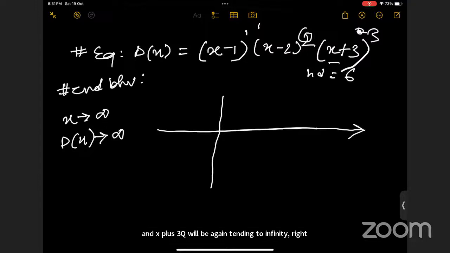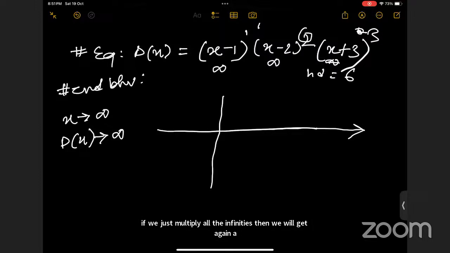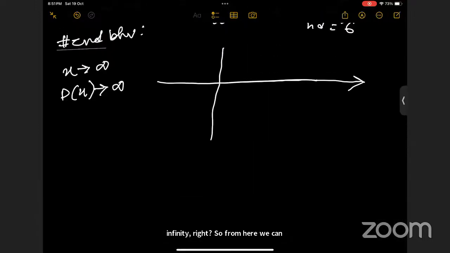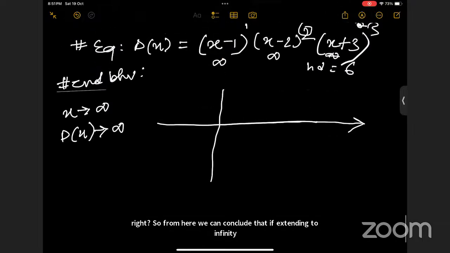From each term we will get a positive infinity. So if we multiply all the infinities, we will again get infinity. So if x tends to infinity, then p(x) will again tend to infinity.